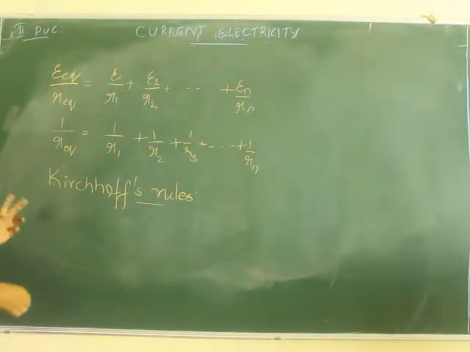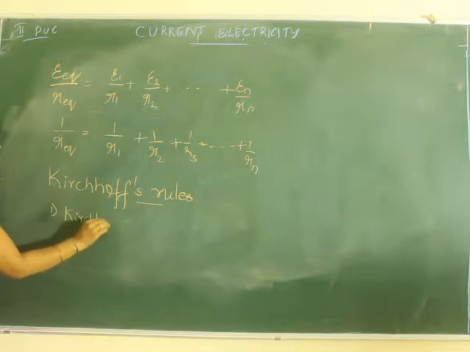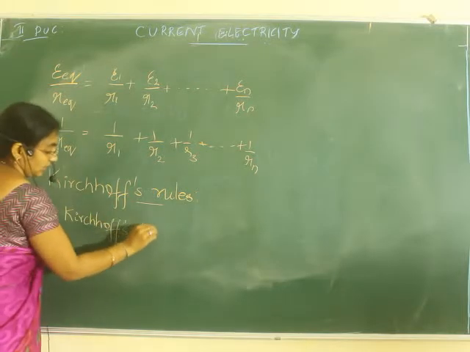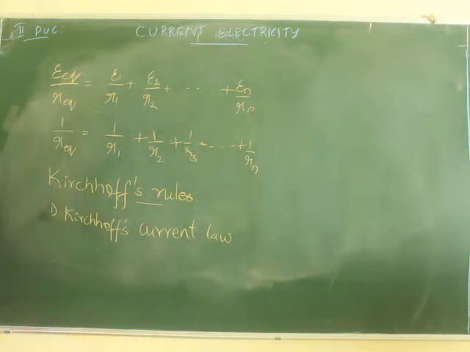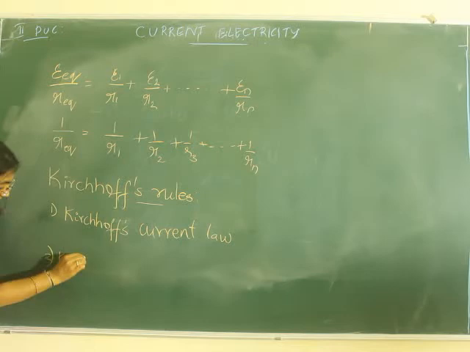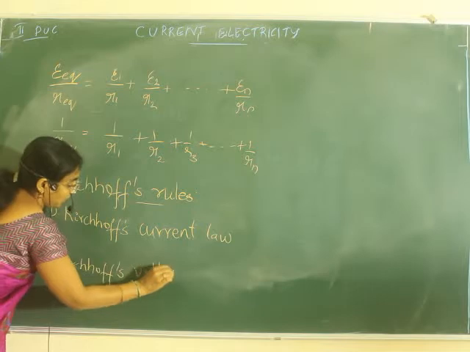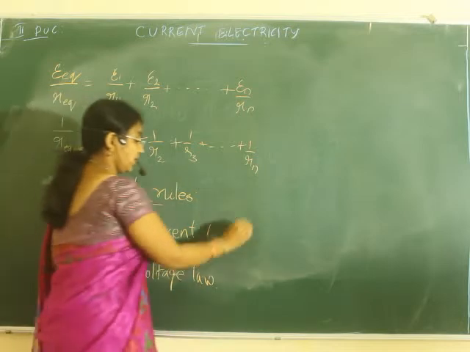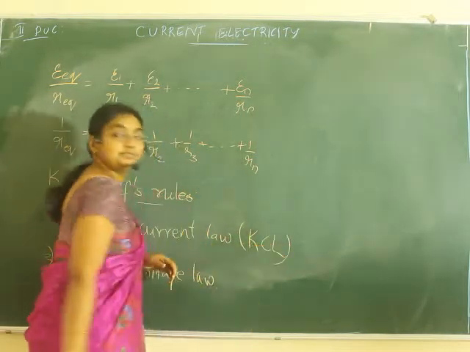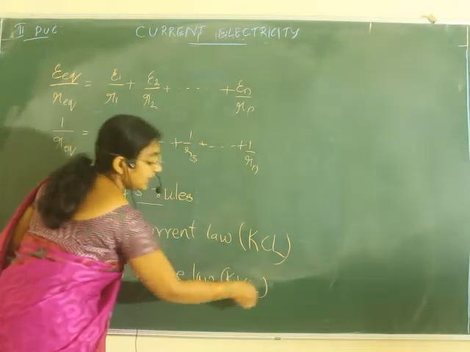There are two rules. First one, Kirchhoff's current law. And the second one is Kirchhoff's voltage law. Okay. Kirchhoff's current law is also called KCL, whereas Kirchhoff's voltage law can be called KVL.